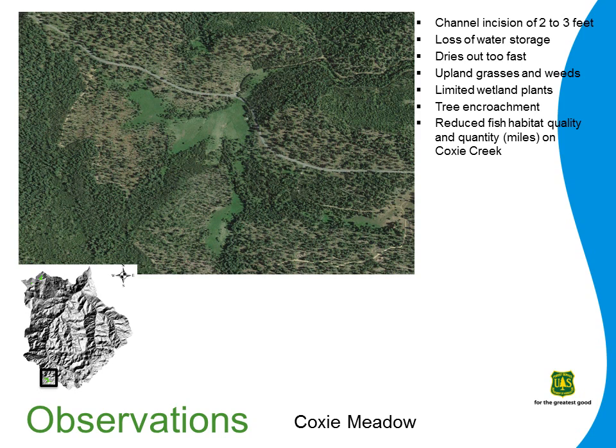This meadow is currently being utilized to grow great lodgepole pine. We are also currently attracting and concentrating livestock on this meadow because of a stock pond on the edge of the meadow. Let's take a look to better understand the issues affecting Coxie Meadow.